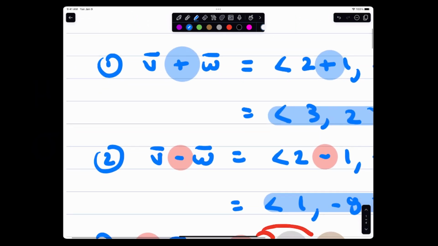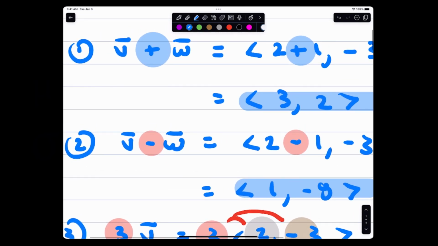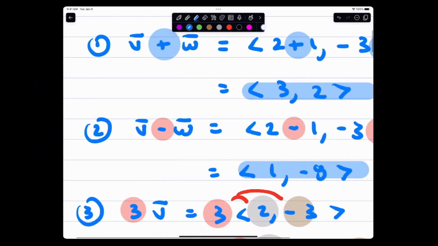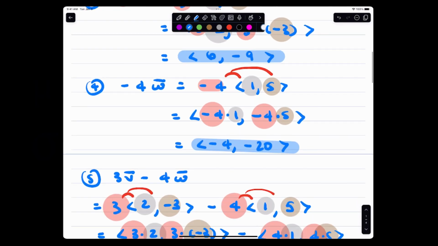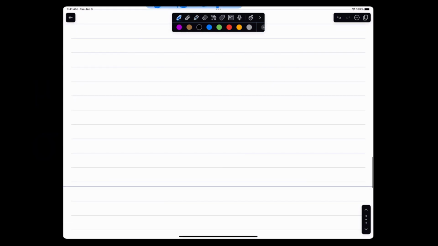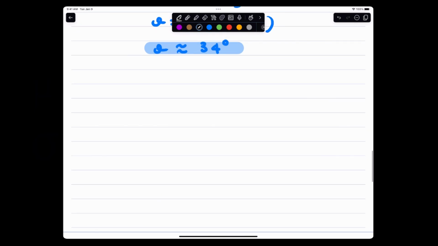Now, what's the new vector for the difference for 2? See this here? It's 1, negative 8. This is your new vector for the second question. So 1, negative 8. In my notes, that's 7.